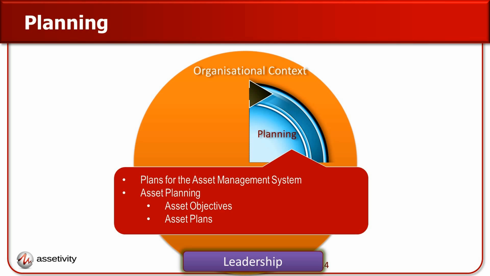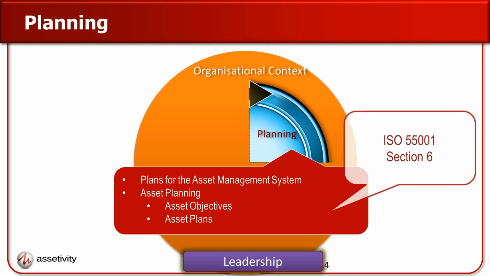And then there's another set of requirements around plans for the assets themselves. So, whole of life asset plans, understanding all of the key activities that need to be done to our assets in terms of designing, constructing, installing, operating, maintaining, and ultimately disposing of those assets and so forth. So that covers the planning element. That's covered in Section 6 of ISO 55001.